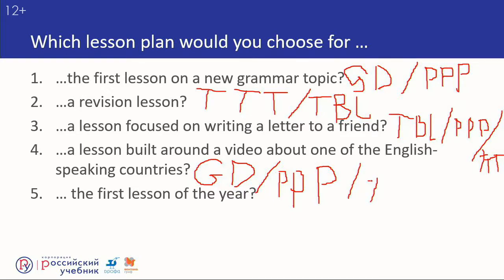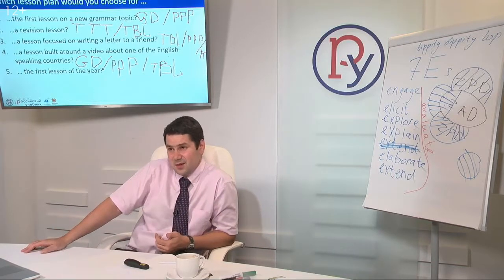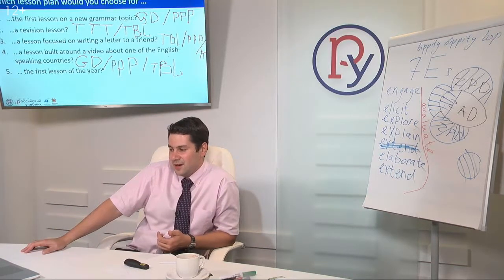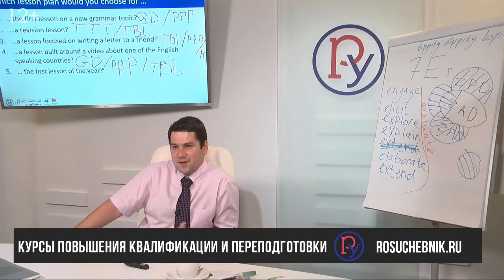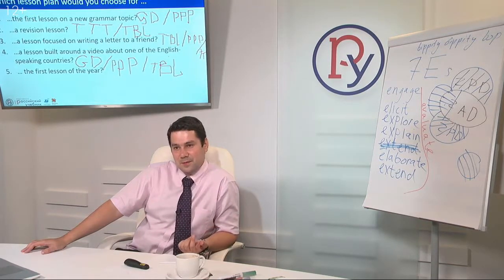And you can also use TBL if the video that you're watching is about how to reserve a hotel or how to buy a bus ticket in the UK, then you can actually think of the task like, okay guys, you are at the bus station in the UK in London, Victoria Station, National Bus Service headquarters. You want to go to Bristol. What do you do?